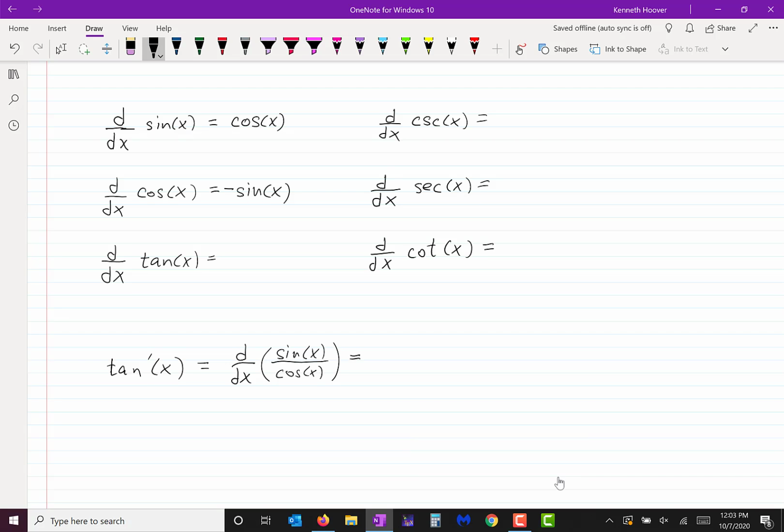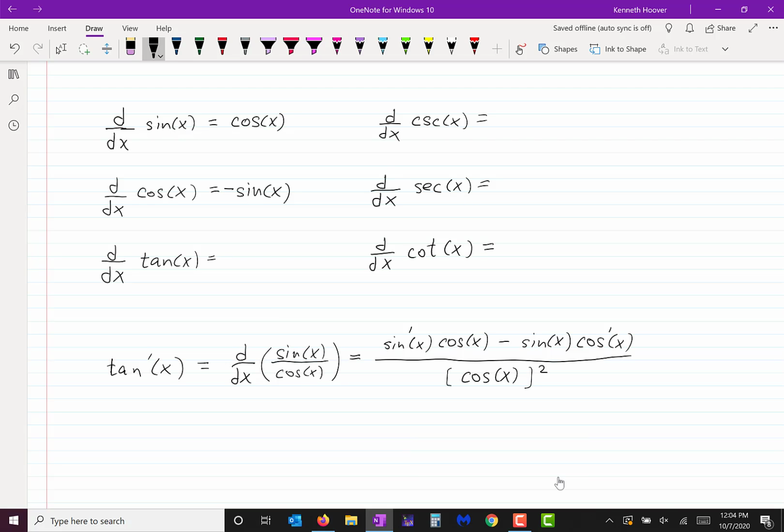That's the quotient rule. Okay, I'll say it again. The derivative of the top times the bottom minus the top times the derivative of the bottom divided by the bottom squared.